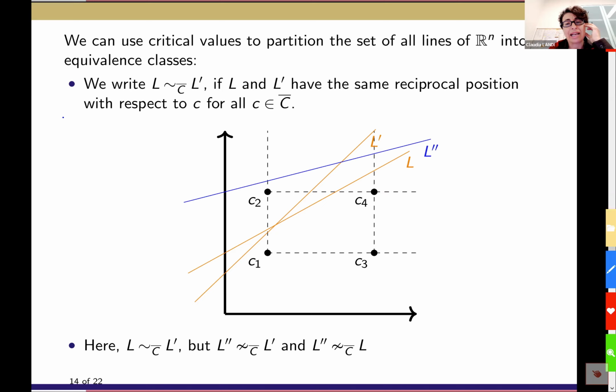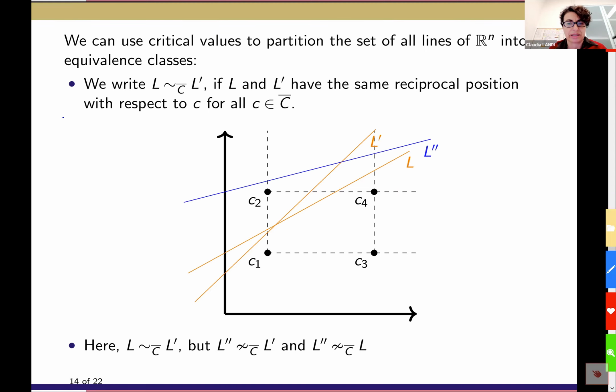Two lines, L and L prime, are equivalent if they are in the same reciprocal position with the points of C bar, the closure of critical values, which means in 2D, being in the same reciprocal position means that L and L prime leave the same points to their left or to their right.